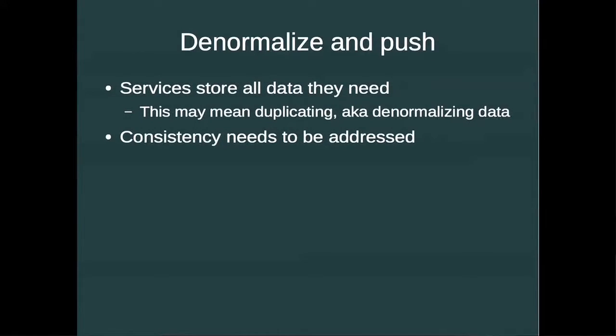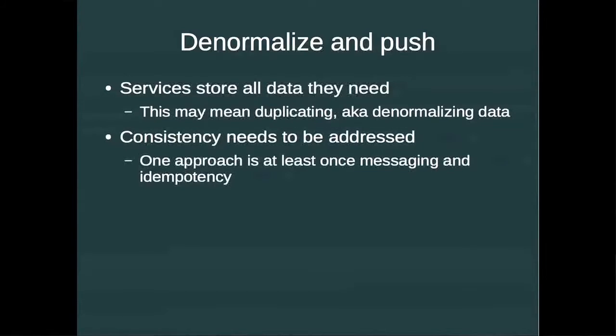especially in the happy case, things might work pretty well, but if something goes down, if something gets overloaded, then you will have problems where data is going to get out of sync. You ask one service a question, ask another service the same question, and they give you different answers. One approach that we're going to look at in quite some detail this evening to solve this is to use at least once messaging and idempotency.